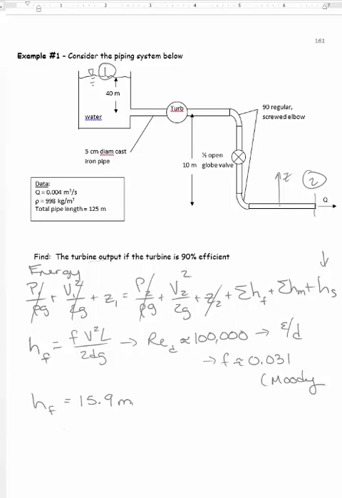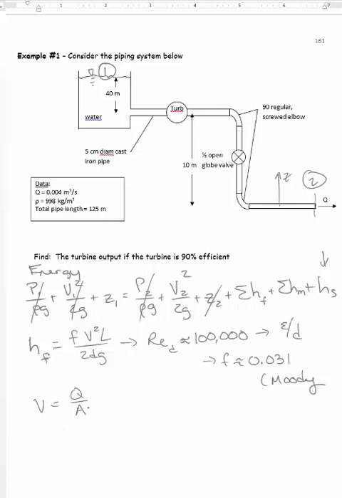15.9 meters. I skipped too many steps here because in order to get that, I need V. And so let's just erase that and put in V equals Q over A. And be careful, if you have different pipes, V is going to be changed. Different pipe diameters, V is going to change.